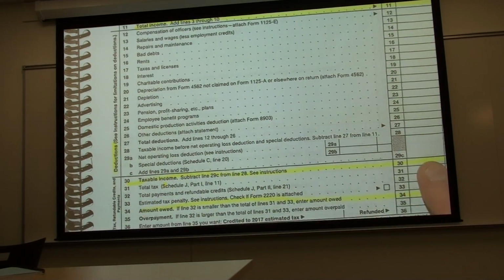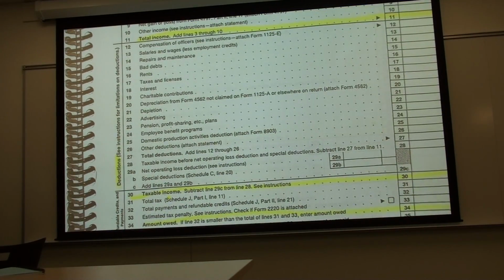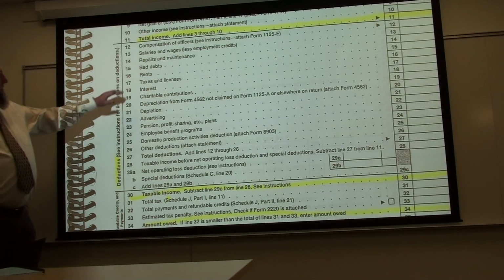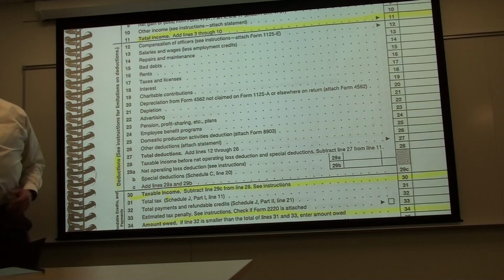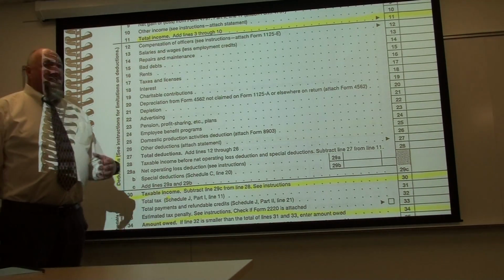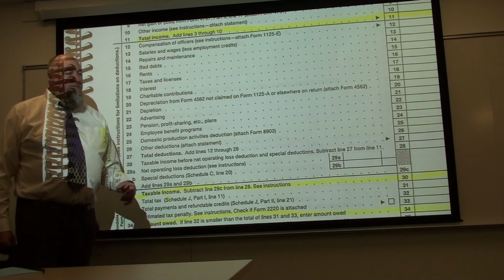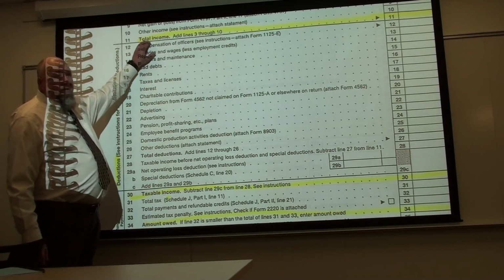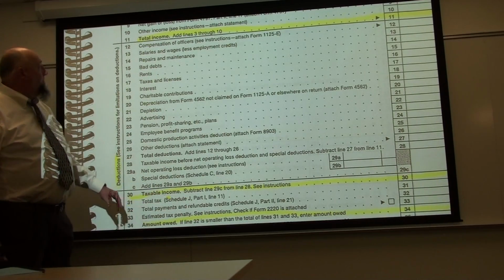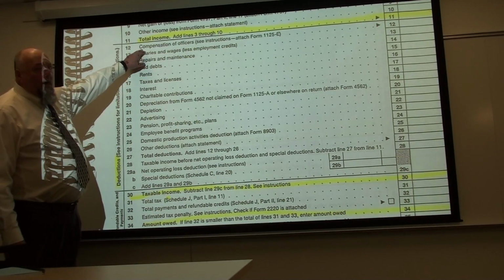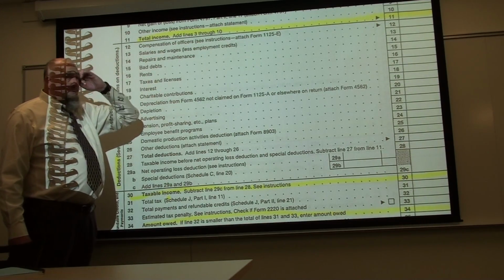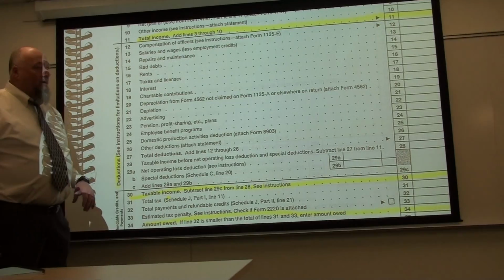Then down below that is where we're going to have deductions. So these are the categories of the various expenses and deductions that a business will have during a year. And of course, that's going to be subtracted from your gross income to arrive at your net taxable income at the bottom. So we're going to deduct compensation of officers, salaries and wages, what you pay your employees.